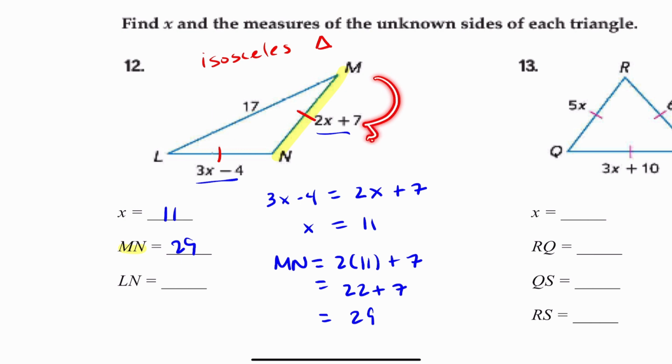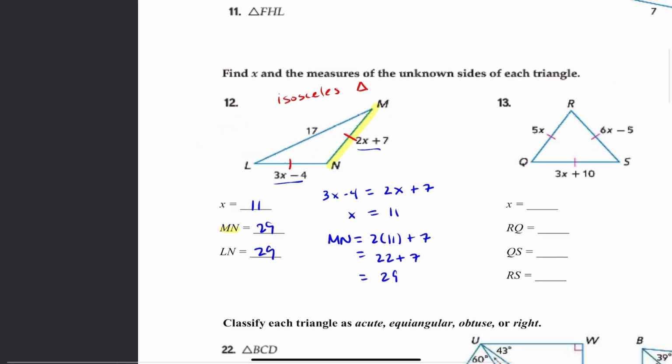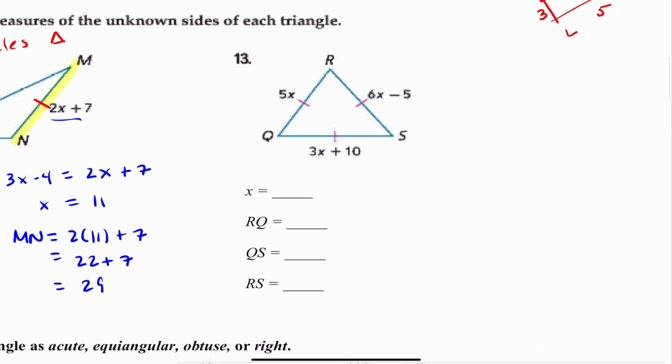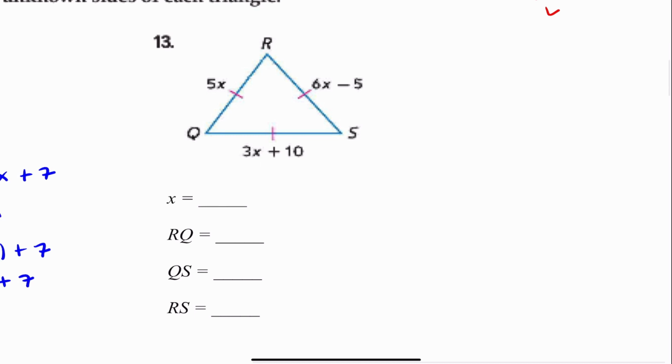And if this is 29, then this has to be 29. So those are your answers. Number 13. Take a look at the tick marks and then work your way through the blanks. Notice that this is actually an equilateral triangle.